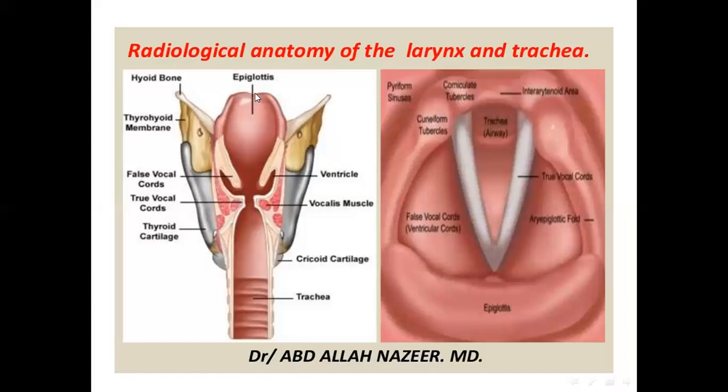Okay, how are these cartilages connected? They are connected with each other by ligaments, and their movement with respect to one another is controlled by intrinsic and extrinsic skeletal muscle.